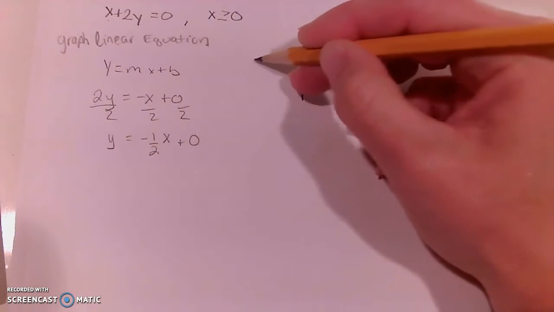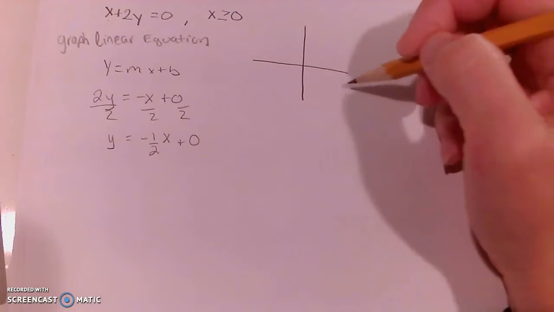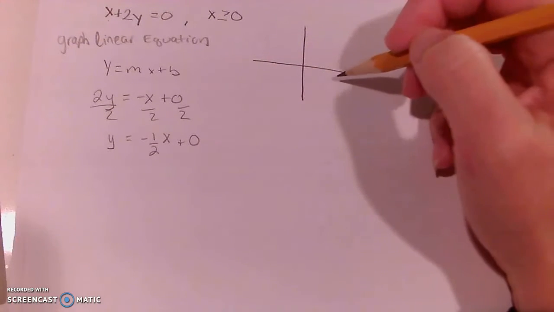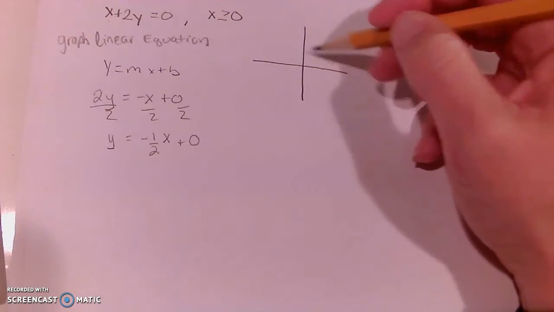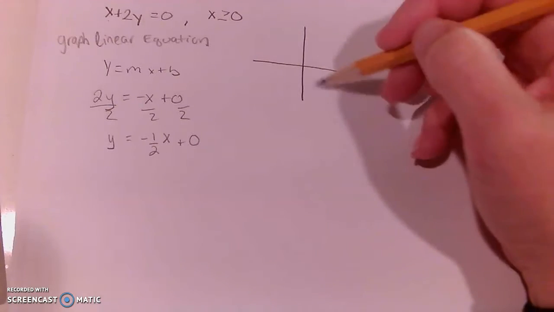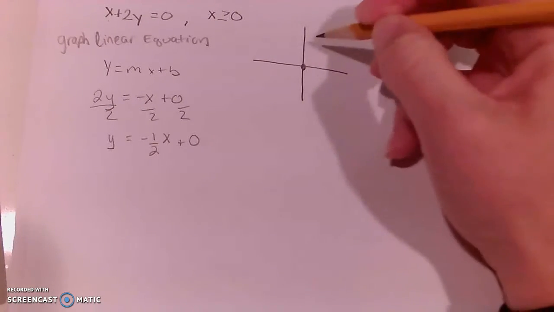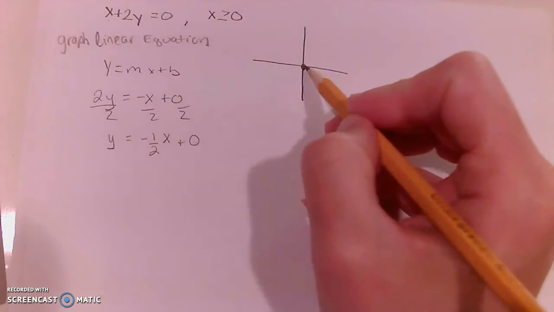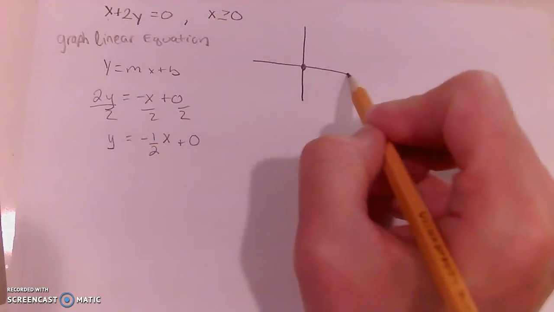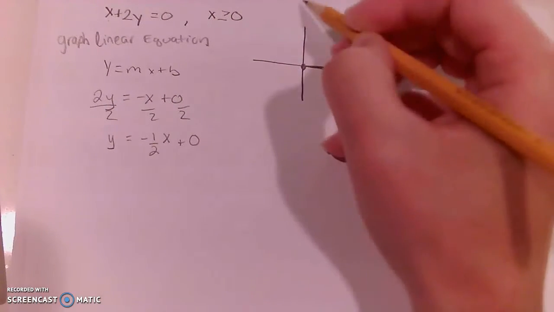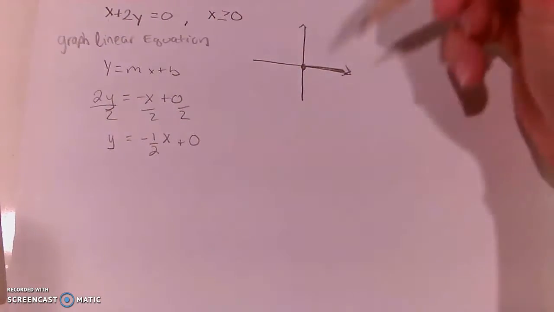I'm graphing this, and it's a negative 1/2 x. My slope is negative 1/2, so that's going to have a downward slope. It's going to go through the center. But remember, x is greater than 0, so we're only going to graph it when x is positive. When x is positive, we're on this side.